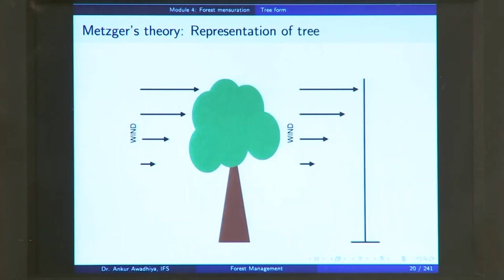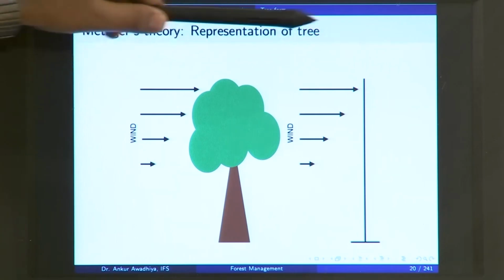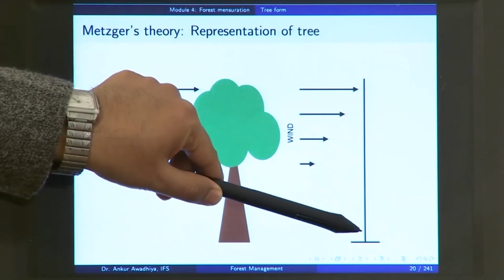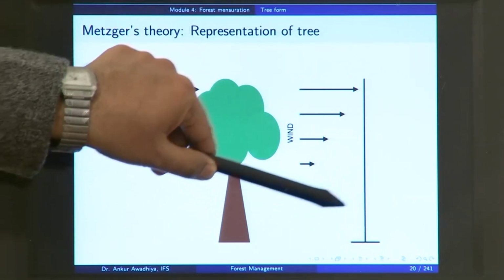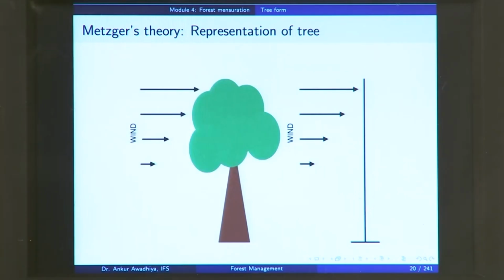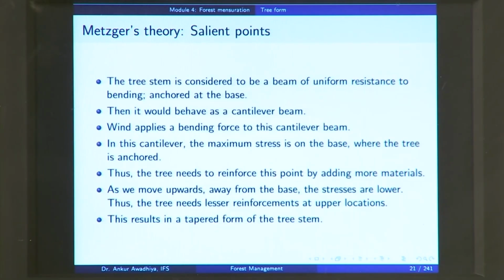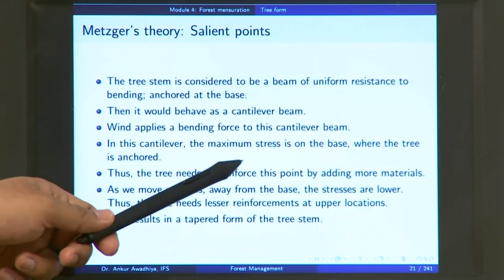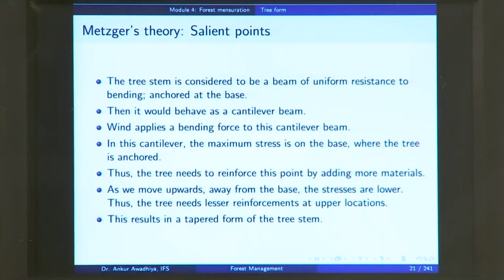So, when you are applying this force at this point, the stress is maximum at the base, and so there is a greater chance that this tree will break at this particular point. And thus, the tree has a need to reinforce this point by adding more material.